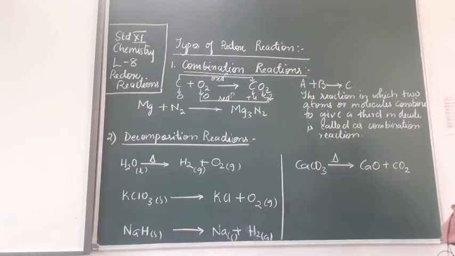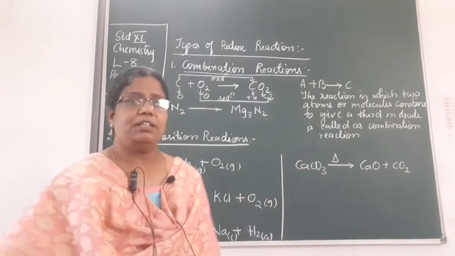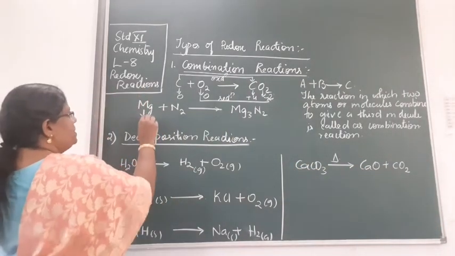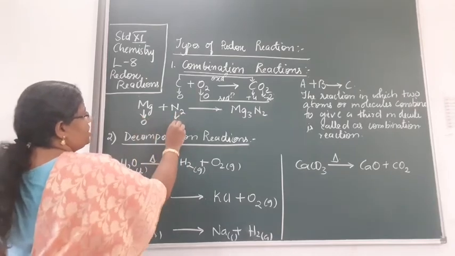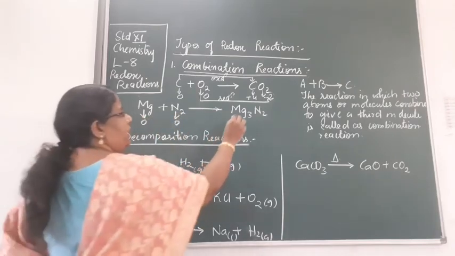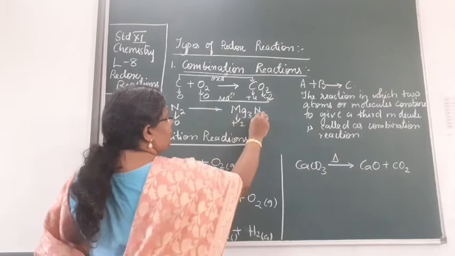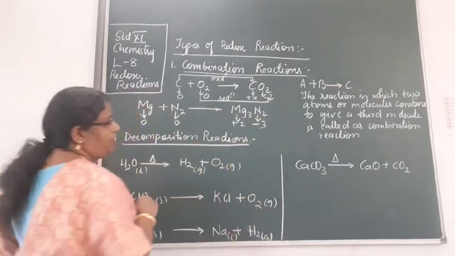ठीक है, वैसे ही हम Mg और N2 का भी देख सकते हैं. Mg is an atom, N2 is a molecule. यहाँ पे 0 ऑक्सीडेशन स्टेट है दोनों का. यहाँ पे Mg का ऑक्सीडेशन स्टेट +2 होगा, नाइट्रोजन का -3 होगा.